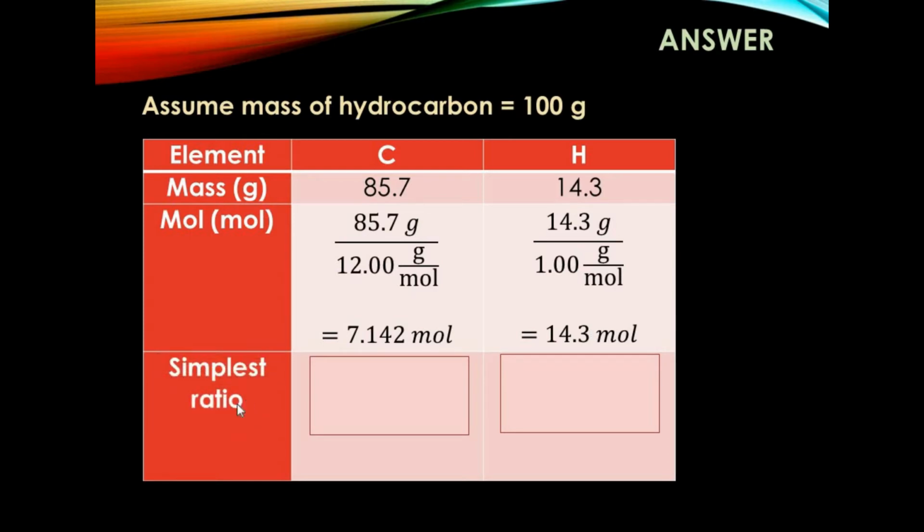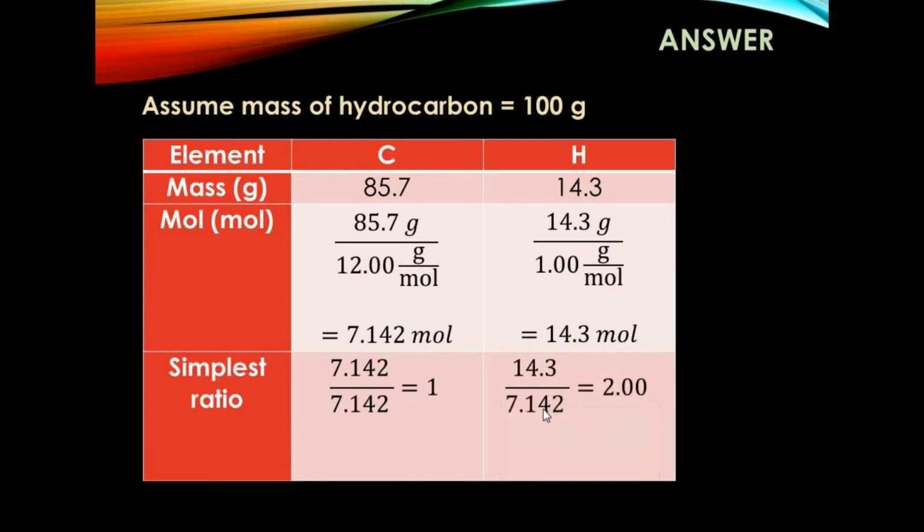In the simplest ratio, the moles that we have calculated are divided by the smallest mole, which is 7.142. For carbon, 7.142 divided by 7.142 gives 1. For hydrogen, 14.3 mole divided by 7.142 gives 2. So the empirical formula is CH2.